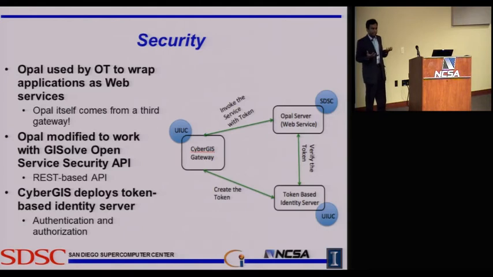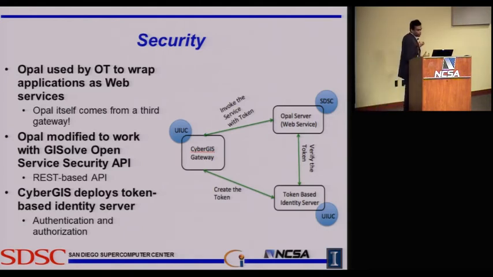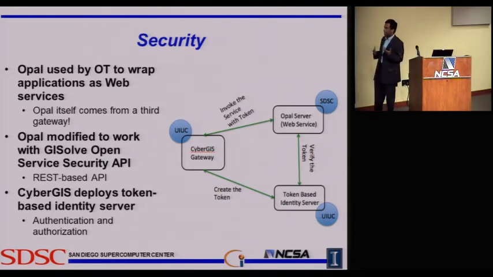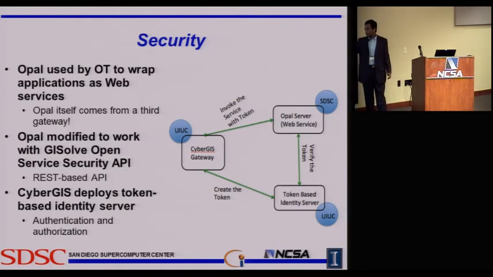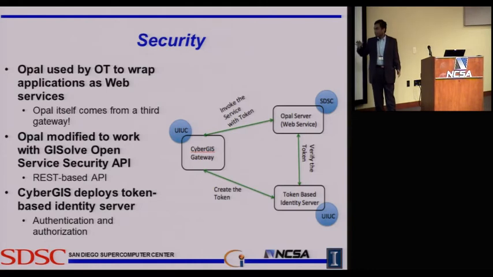OpenTopography has the services, which were exposed using Opal Web Services. How the workflow worked was, when a user logged into the gateway and wanted to use OpenTopography service or data, the gateway, on behalf of the user, contacted our token service, generated a token, and then passed this token on to the OpenTopography server, which in turn verified it with our token services.